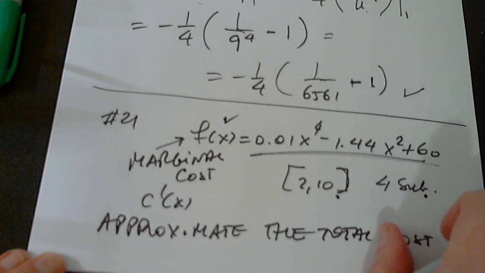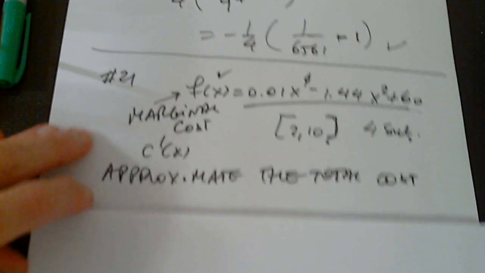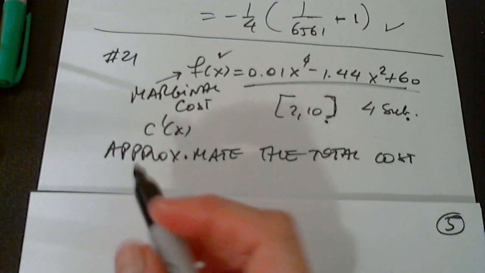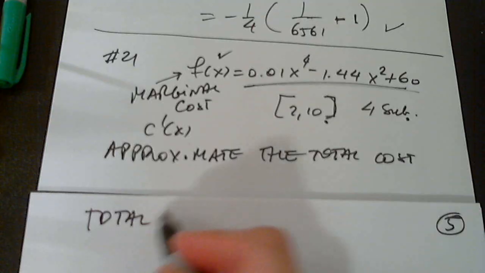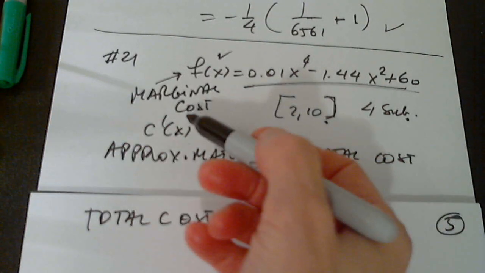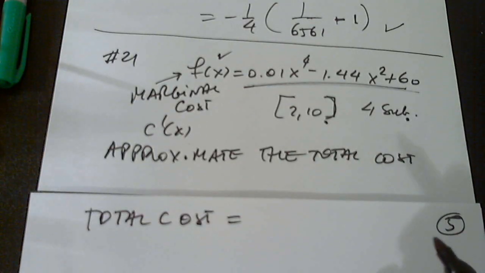How will I approximate? I will just write this. I will not calculate the integral, where I'm not asked to calculate the integral. I will say the total cost, which can be total profit, can be total revenue, doesn't matter. I chose cost.